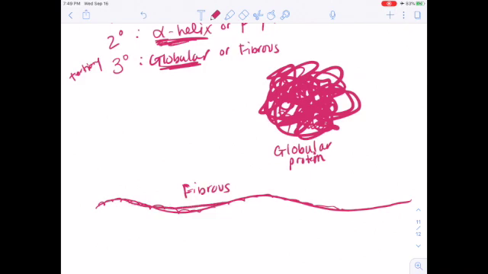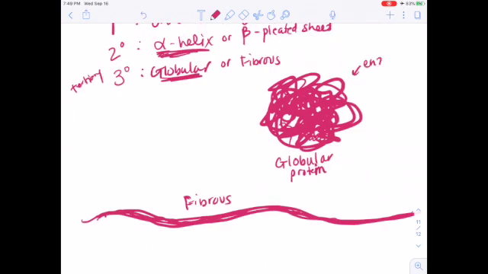Muscle proteins and motor proteins are going to be shaped like this, very, very long and fibrous, because they're the ones that can stretch and contract, right? Enzymes would be globular, and they'll have their active site here, for example.